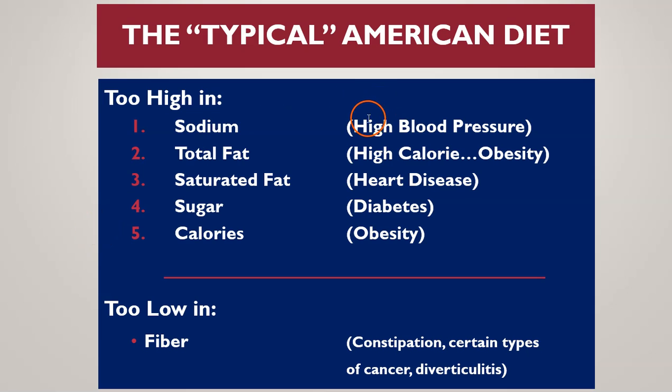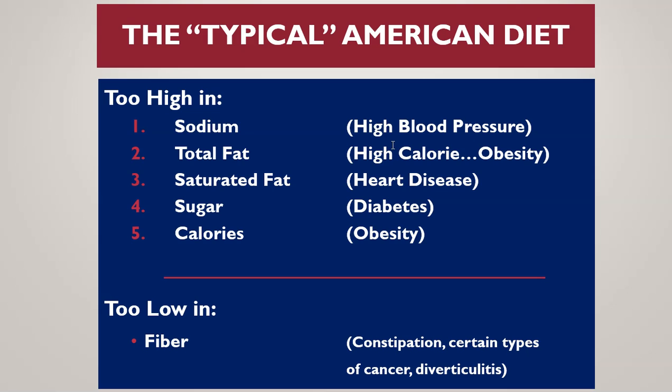And what I have listed over on the right is just one health condition that is sometimes related to the way that we eat. More specifically, for example, if I consistently eat a diet that's too high in sodium, that's going to increase my risk for high blood pressure.